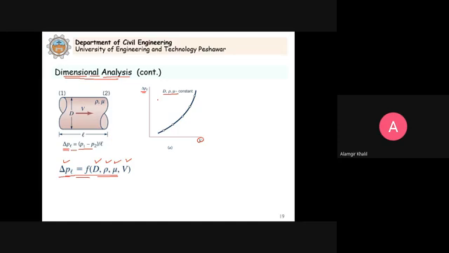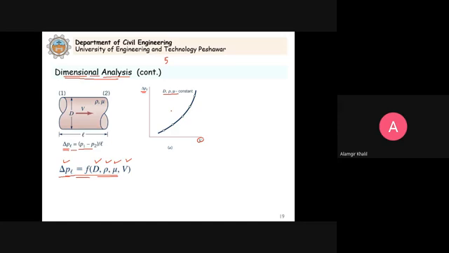So now let us assume that you need a minimum of 5 points to plot a graph for this delta P. You can say 10 points, 20 points, no problem. Let us assume that you need a minimum of 5 points. It means that you have to vary this V by keeping these values constant, clear?